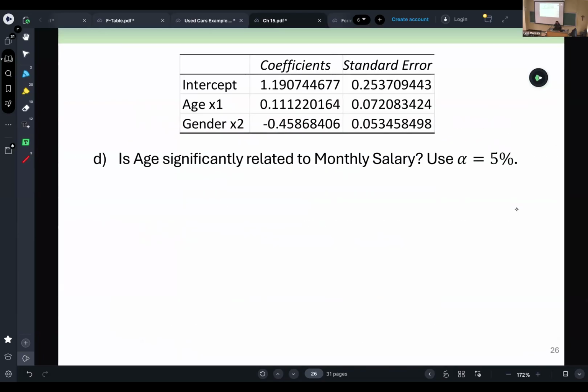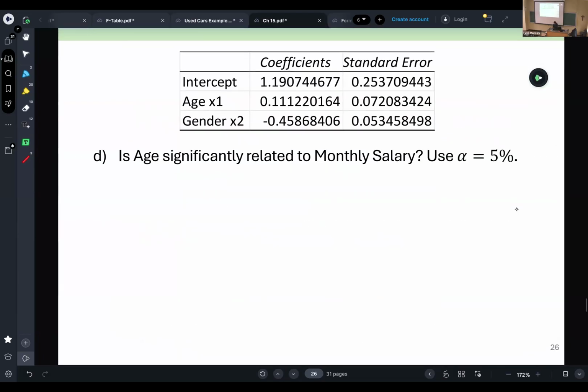We have our output. Is age significantly related? So we're going to first look at age. We have a choice. We can use a t-test or we can use a confidence interval. Which would you like? T-test. Yeah, let's try the t-test. The t-test is just going to be t equals, for age, B1 divided by S1, which is 0.111220164 divided by 0.07208344.